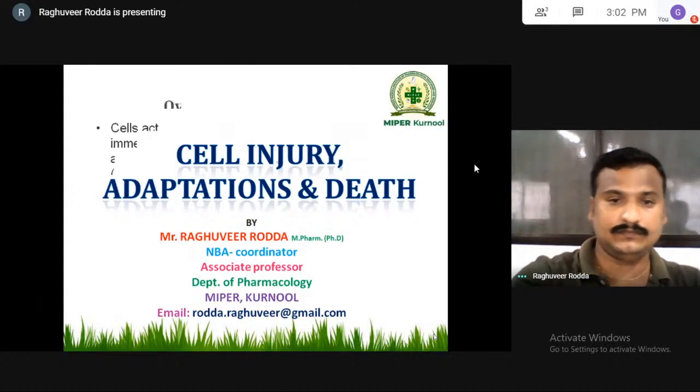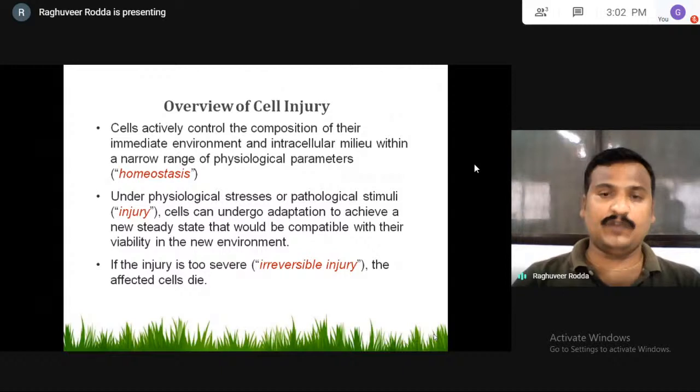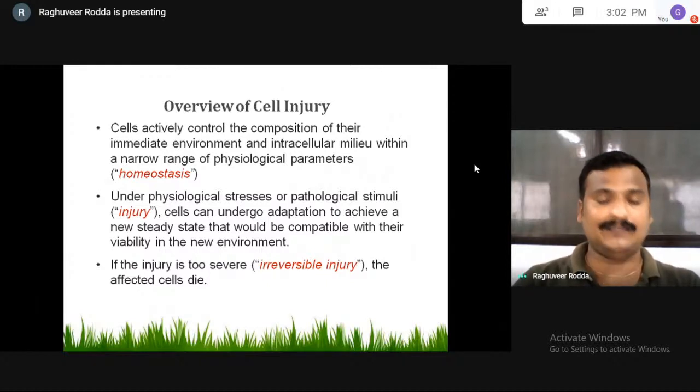Before going to the details of cell injury, first let us understand what is a cell and what is cell injury. As we know very well, all living organisms are composed of a basic structural as well as functional unit.